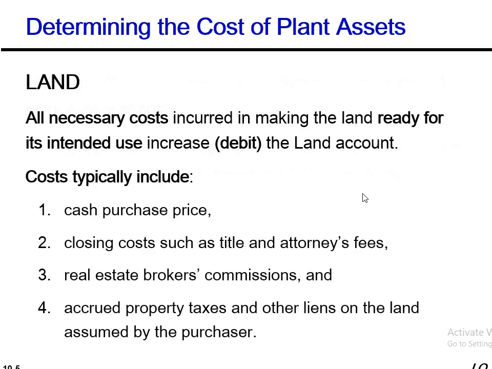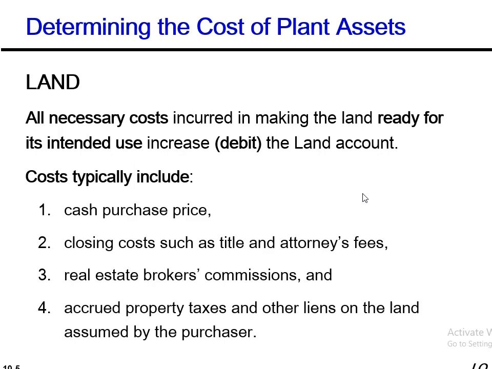So let's take a few examples of the plant assets and try to identify how to calculate their cost, starting with land. Land is the major plant asset which companies have. And if you want to calculate the cost of the plant asset, don't forget the rule. The rule is you will be adding all the necessary costs which you need to incur in order to make the land ready for its use.